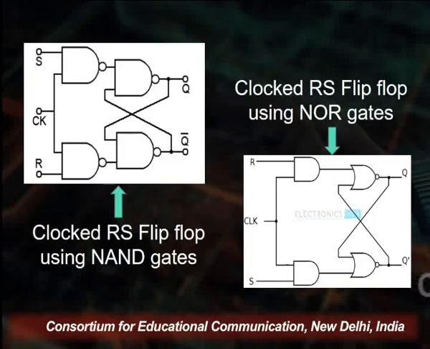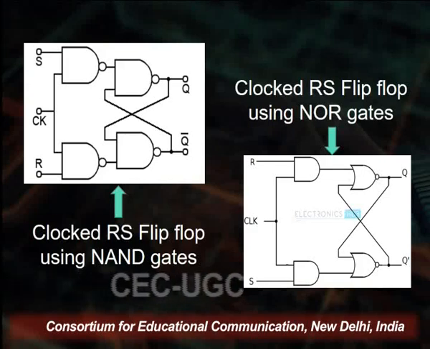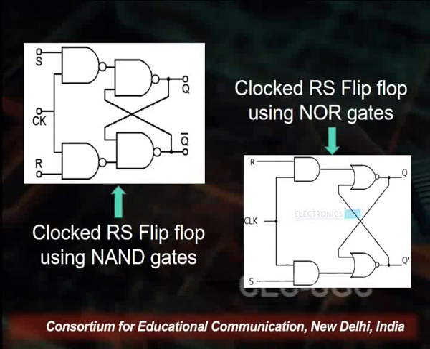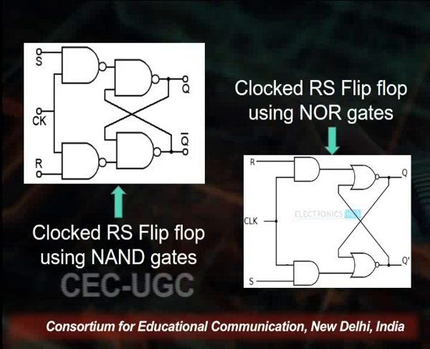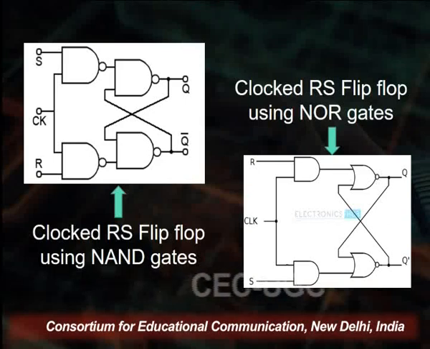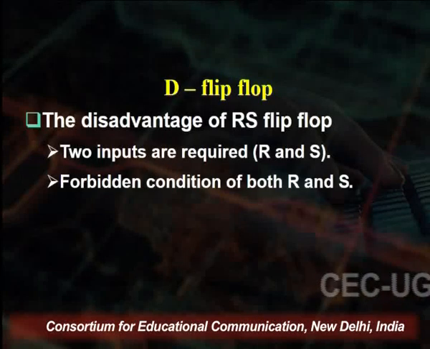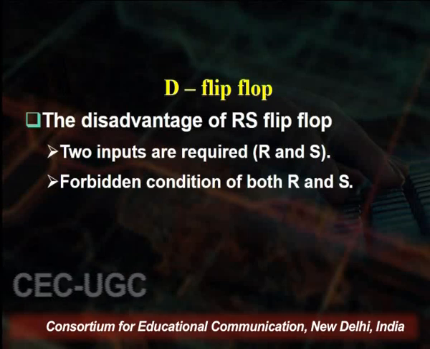Moving forward, we had seen that this picture here shows the clocked RS flip-flop using NAND gates only, and the clocked RS flip-flop using NOR gates only. So NAND realization and NOR realization. So we consider one special application of SR flip-flop.